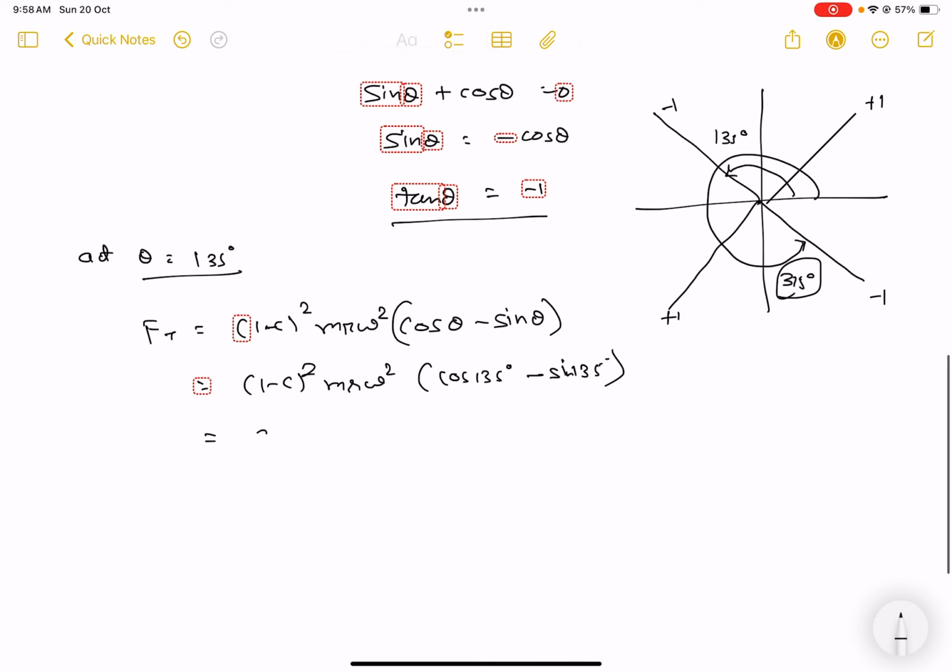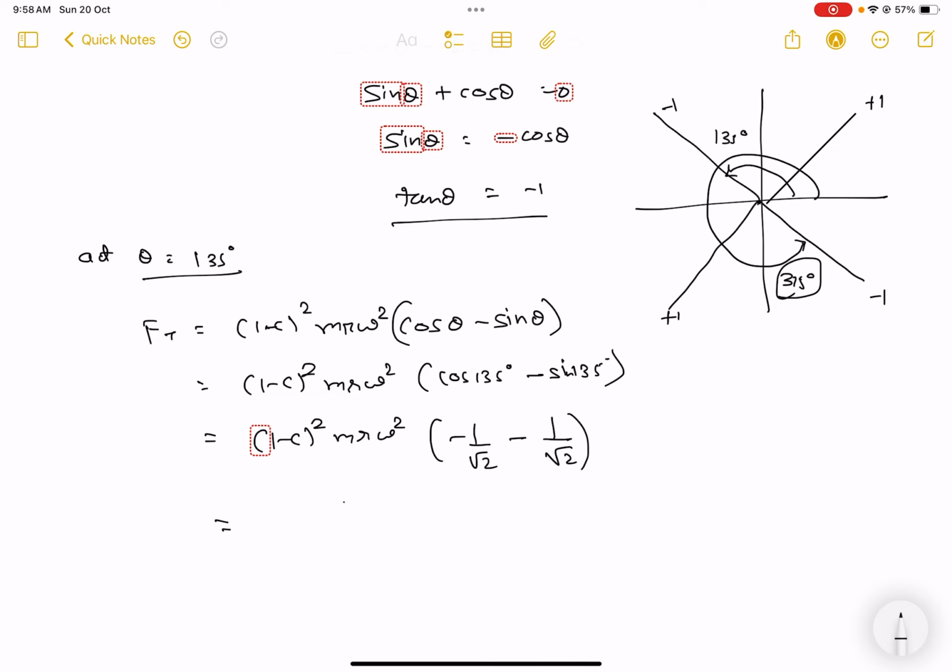Here cos 135 is 1 upon root 2, but cos will be negative, so this will be minus 1 upon root 2. Then sin 135 is 1 upon root 2, and because of the minus sign this becomes minus 1 upon root 2.